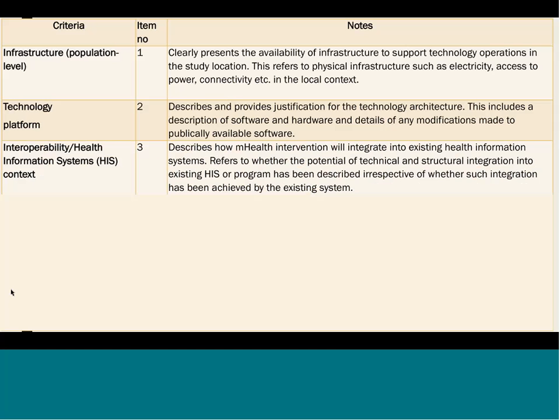So a description of interoperability, even if it has not been thought about very well, can help us understand whether the digital health activity is a limited scale pilot project or a strategy that can possibly be scaled up nationally or to other parts.